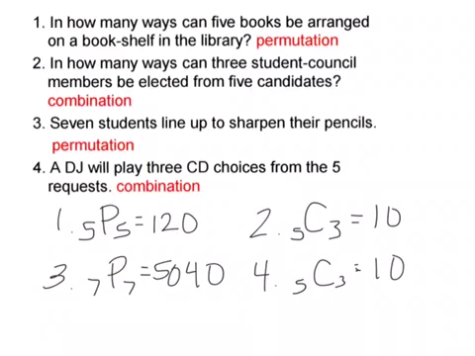That does not always happen. But this number will always be smaller than the number on the left. If you think about that for a minute, the number on the left is your total number of items that you have, and the number on the right is how many you are arranging or how many you are selecting. So again, a lot more on this in class. No worries if it seems confusing at this point.